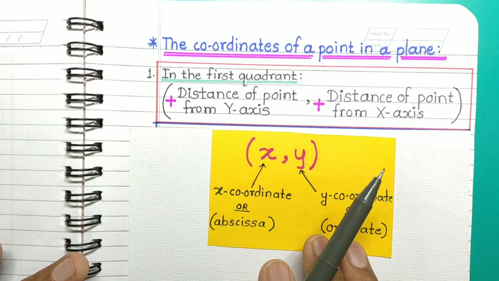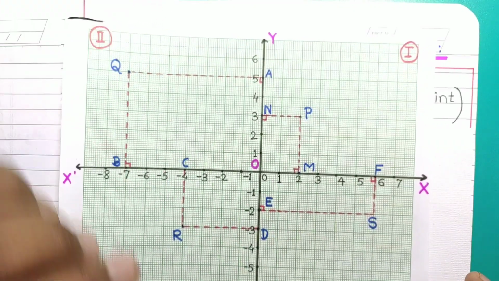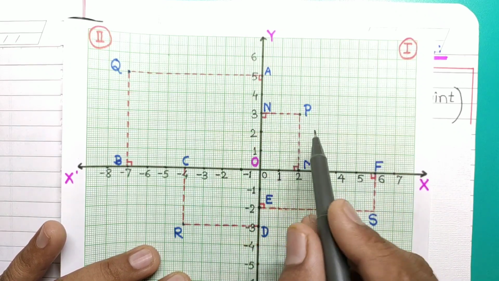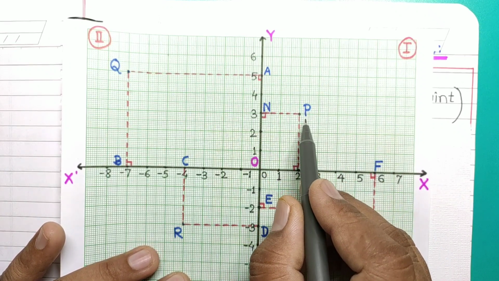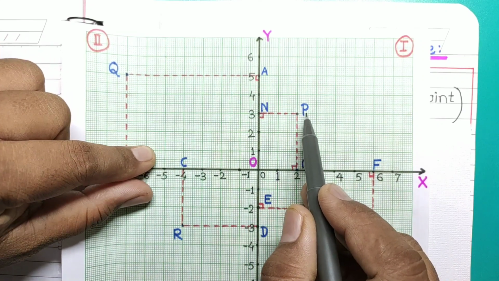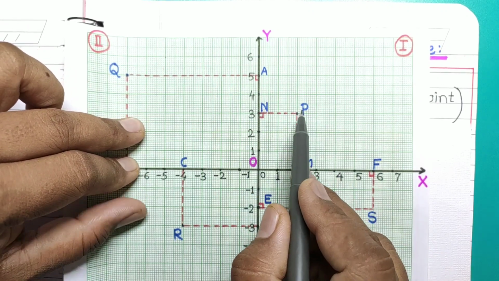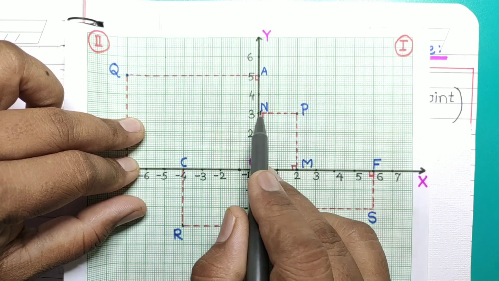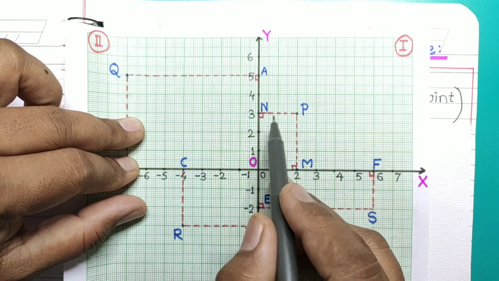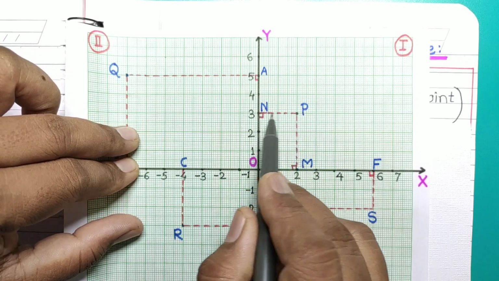To understand this concept, let us consider one point P in the first quadrant. To determine its distance from the y-axis, draw perpendicular PN on the y-axis. So the distance of point P from the y-axis is length PN.